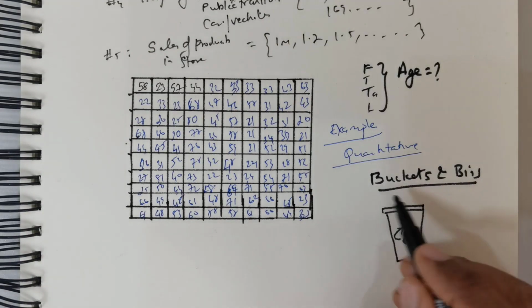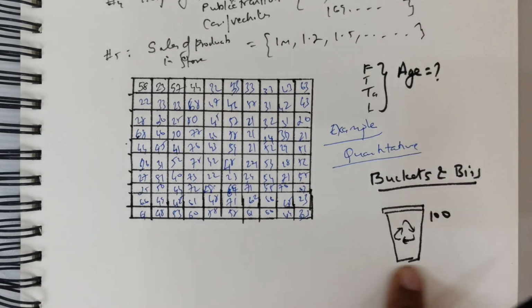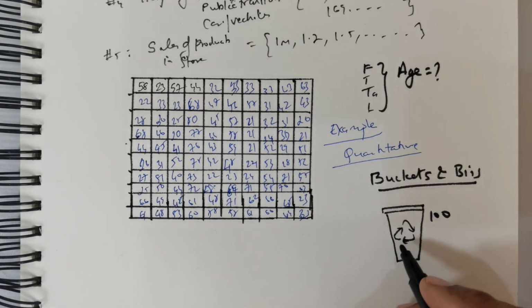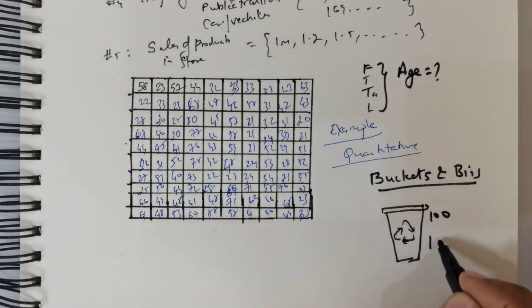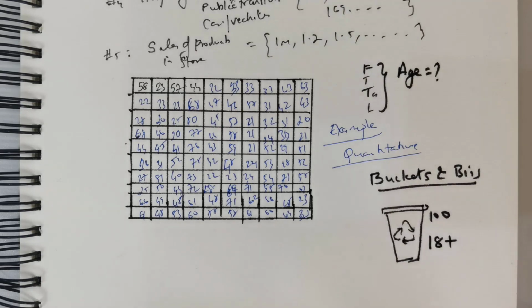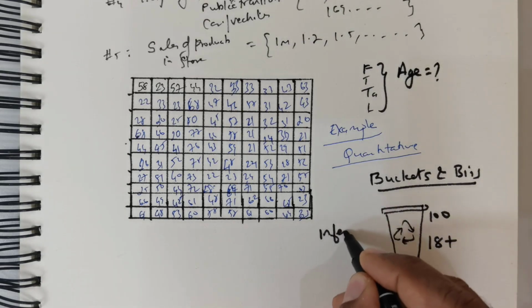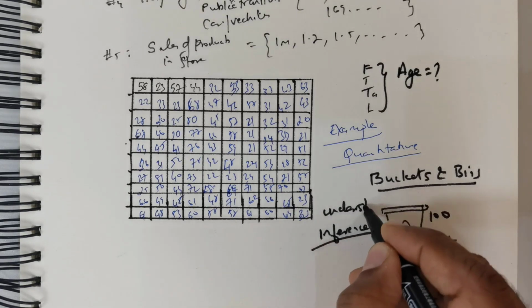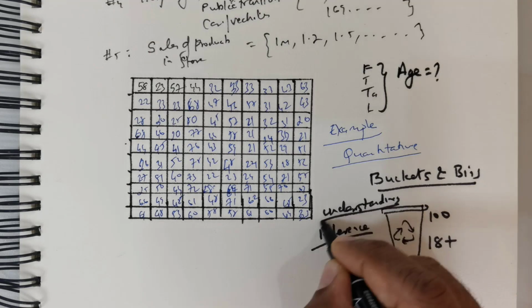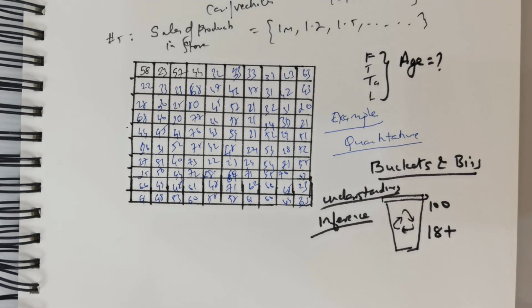So this is the information of 100 people and their ages are here. All of this data that you see here, they all are above 18 years of age. Now the question is, what inference or understanding do you get from this?